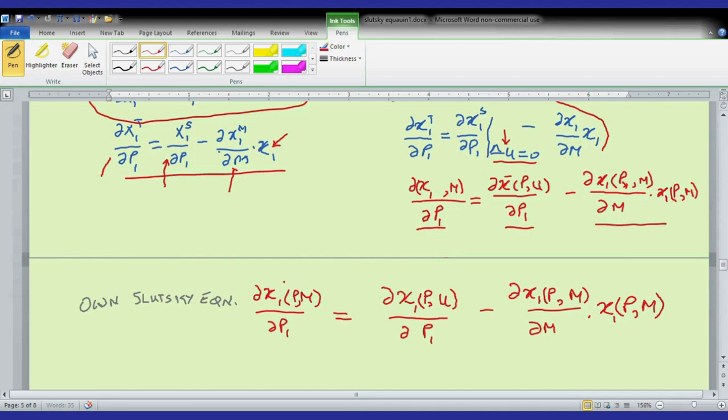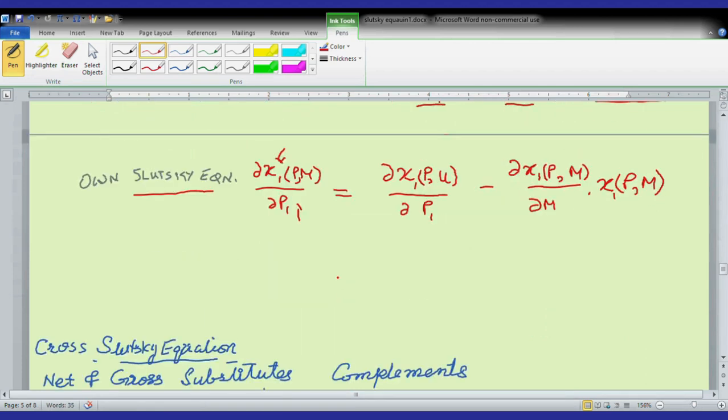In this discussion, we have been looking into the changes in consumption of good 1 when the price of good 1 changes, and for this reason this equation is often known as the own-Slutsky equation. We can then say that it implies that the Marshallian demand curve can slope downward or upward depending upon the signs of the terms appearing on the right hand side of this equation.